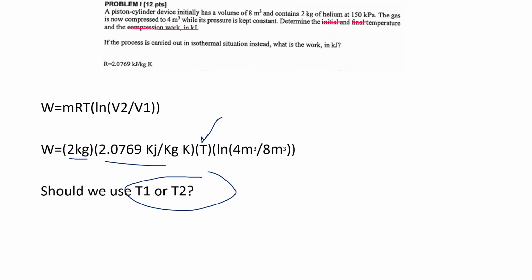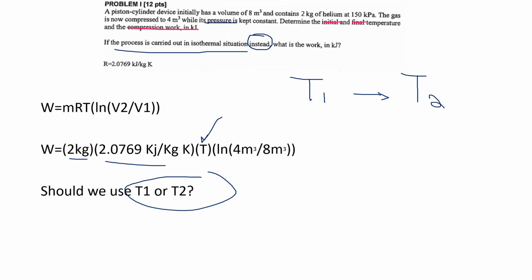T1 and T2. If you think about it, the question asks if the process is carried out in an isothermal situation instead. The word instead here is quite important, right? Because when we solved for the temperature, we had T1, and then we shrank it at constant pressure to T2.